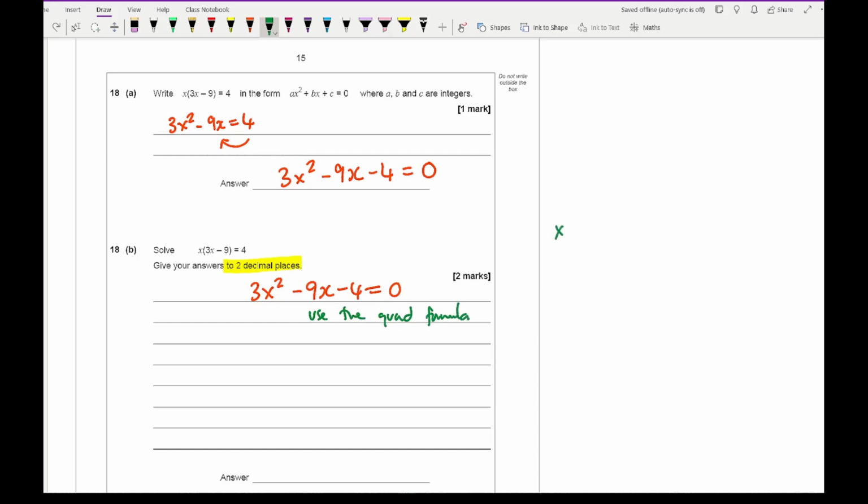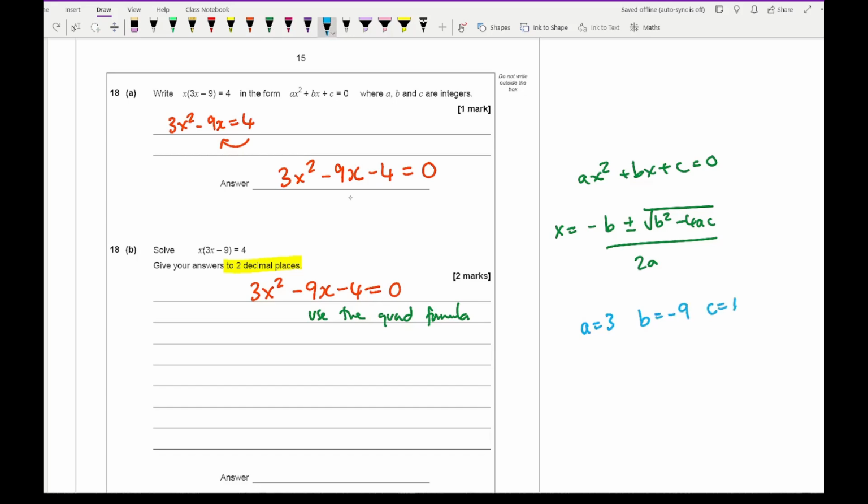Now the quadratic formula is minus b plus minus the square root of b squared minus 4ac, all divided by 2a, where you've got the coefficients of ax squared plus bx plus c equals 0. Now in this particular example, we've got a equals 3, b equals minus 9, and c equals minus 4.